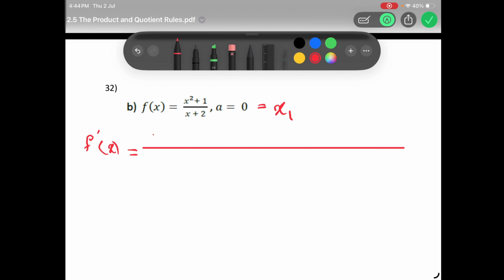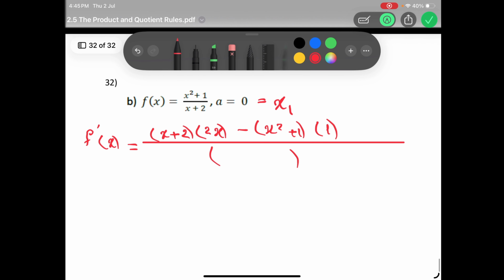So we will take the denominator to the top, which is x plus 2. Remember, no simplification required. The derivative of the top 2x minus the top as it is, which is x squared plus 1, derivative of the bottom, which is 1, divided by the bottom squared, which is x plus 2 squared.